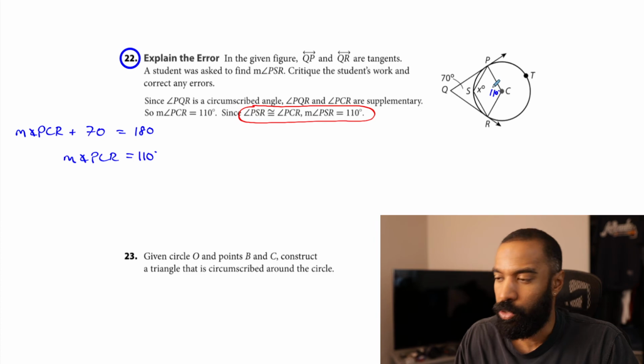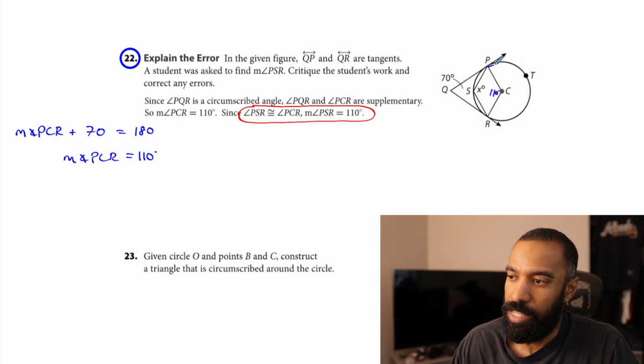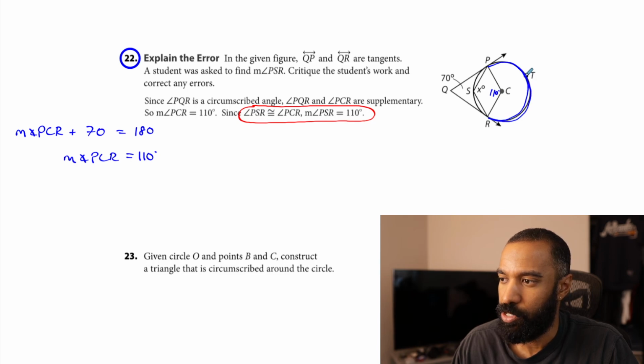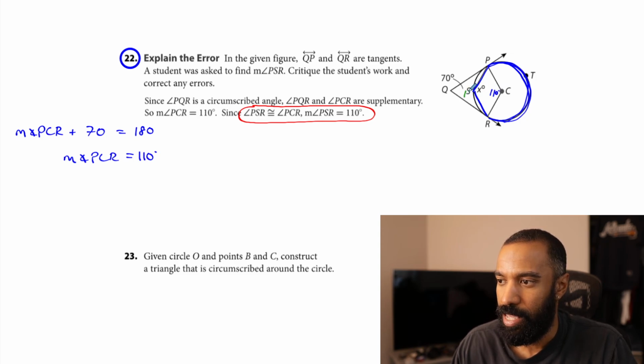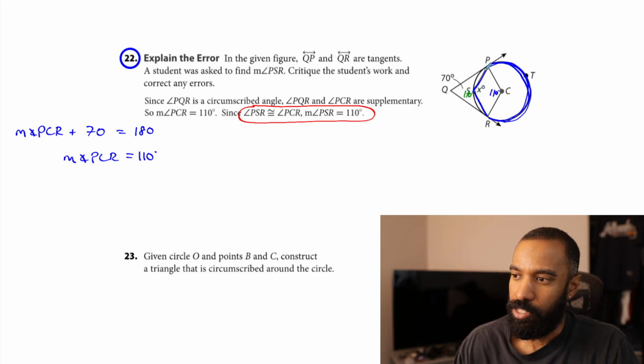What you can do is hunt for this intercepted arc right here, because the angle we're talking about, PSR, is the inscribed angle for this intercepted arc. So you have two options to find it. One is that the 110 that you have has an intercepted arc right here that's 110. That's not this angle, that's this arc right here.